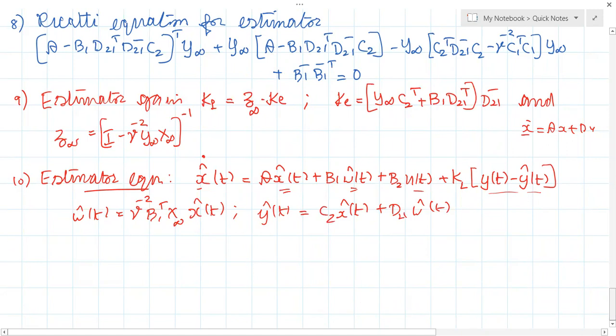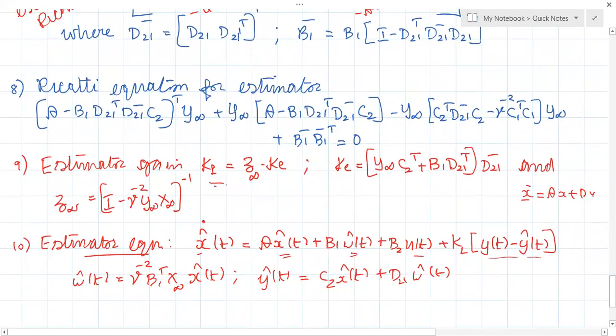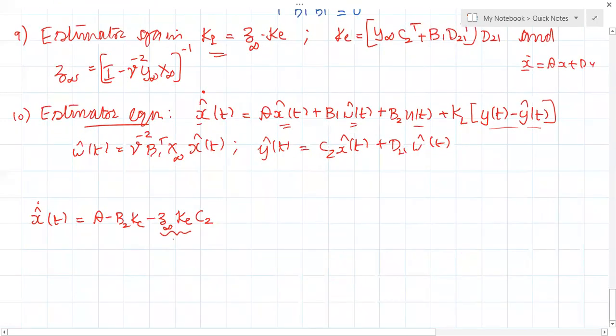So the total system now will be in this form. X hat dot of T equals A minus B2 Kc minus Z infinity Ke into C2, right? What is Z infinity Ke? That is nothing but the estimator gain, KL.